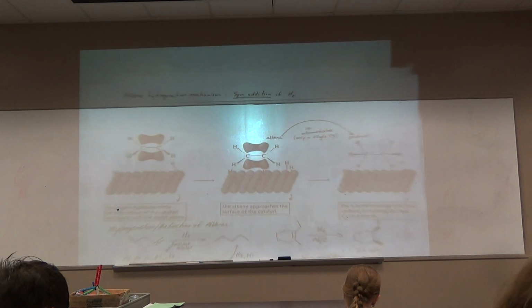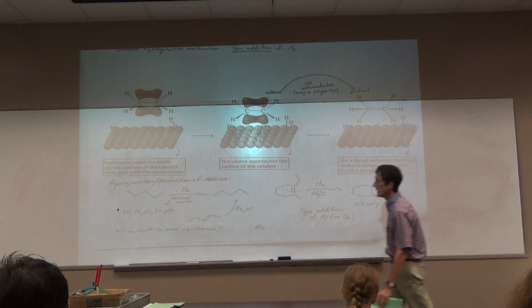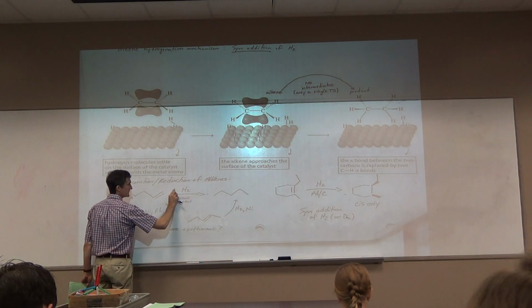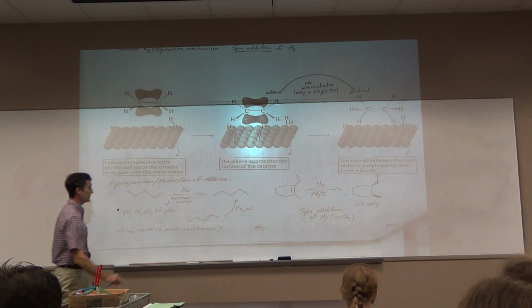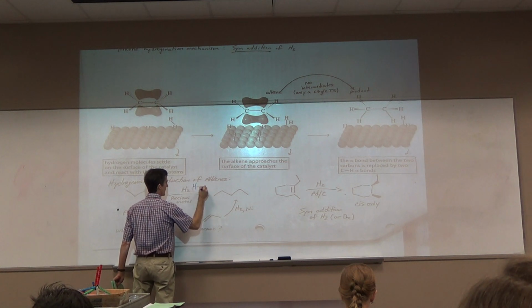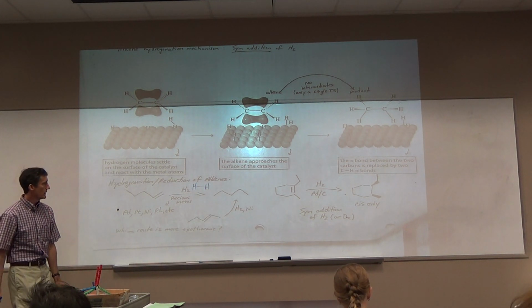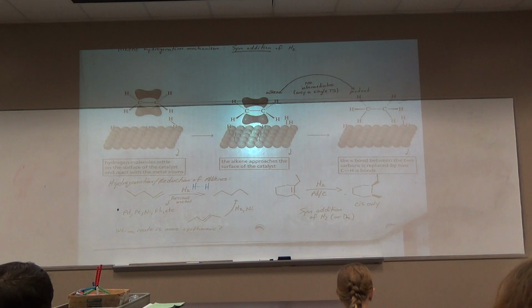Reaction with hydrogen. Right here. Alkenes can react with hydrogen, H2, hydrogen gas. This is like bromination. There's no regiochemistry. It's one of the simplest reactions you'll ever see.